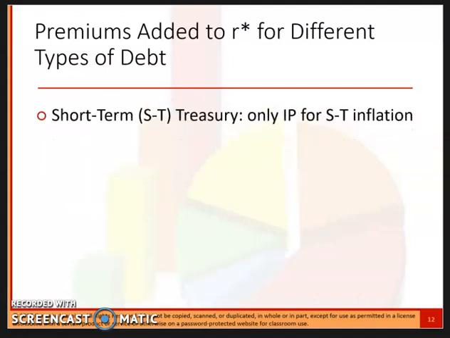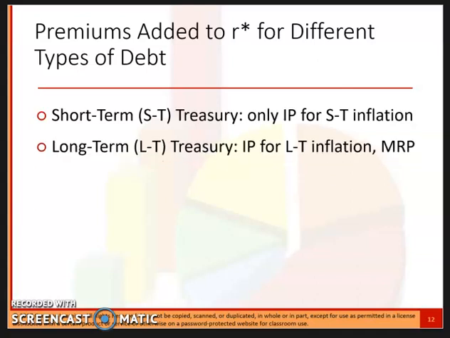So, premiums. A short-term Treasury, a Treasury bill for example, would probably only have an inflation premium because those are the most secure securities available. A long-term Treasury is going to have a long-term inflation premium for long-term inflation, plus a maturity risk premium because of that long time to maturity.